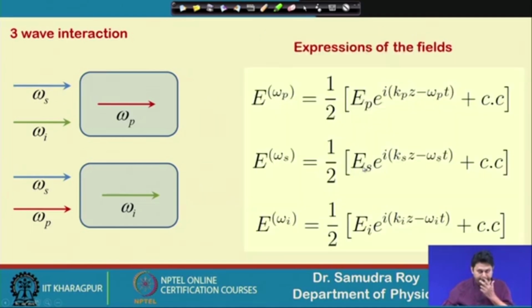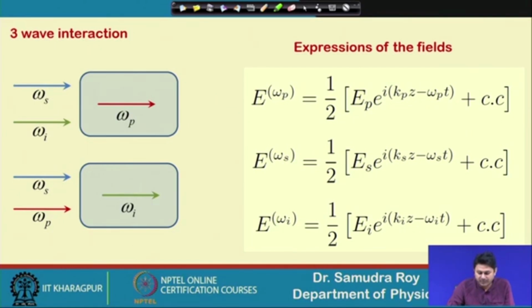In the next slide we have the expression of the electric field that we defined in our last class. This expression is straightforward: we have amplitudes of pump, signal and idler as E_p, E_s and E_i. A phase is associated with each expression, and inside the phase we have the propagation constants k_p, k_s and k_i for the three cases, and also the frequencies omega p, omega s and omega i.